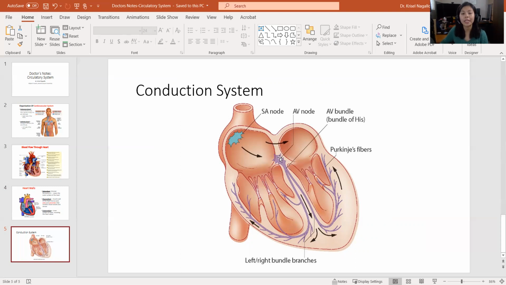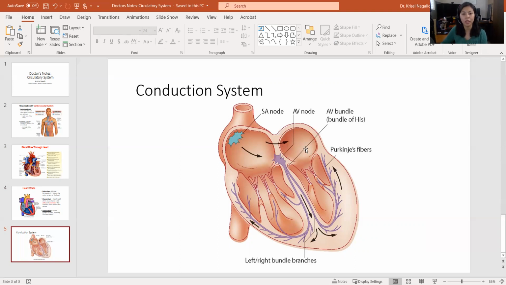This nerve signal is then transmitted down the bundle of His, which travels through the interventricular septum, the wall that separates the left and right ventricle, and then eventually that nerve transmission is pushed forward towards the surrounding Purkinje fibers, which are found in the outer walls of the ventricles. And this is what explains the contraction that is first seen in the atrium before the ventricles.